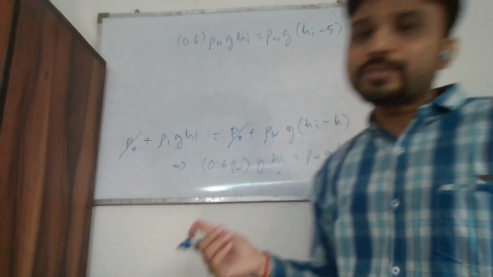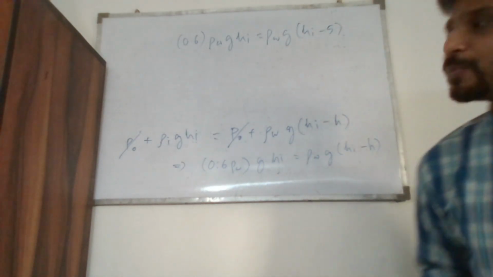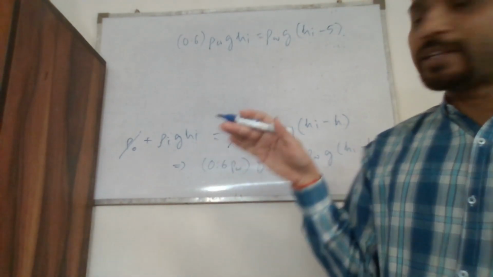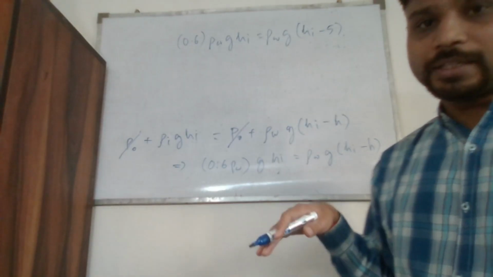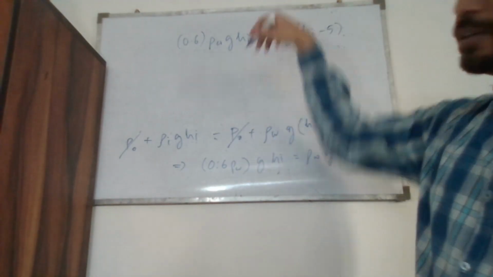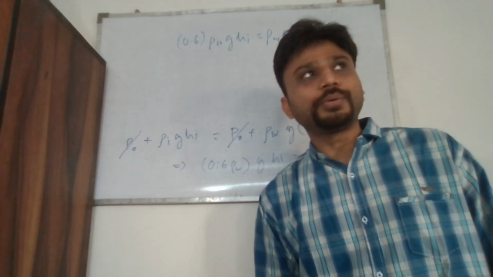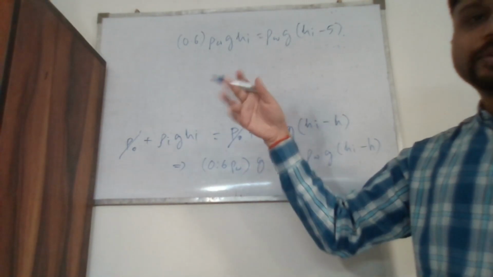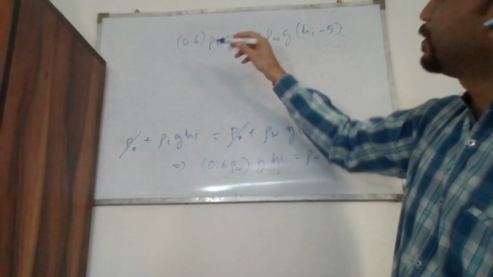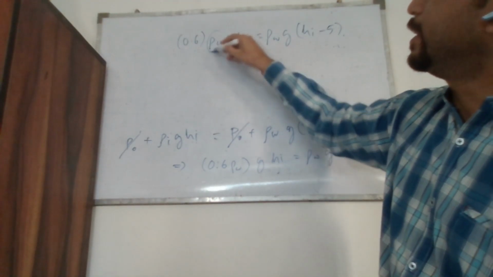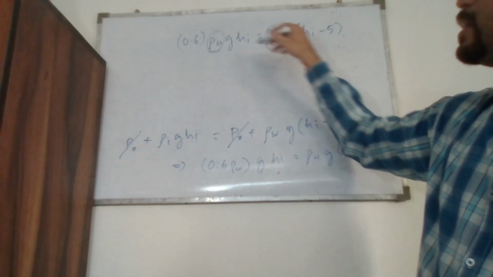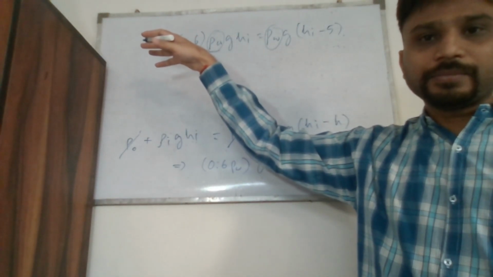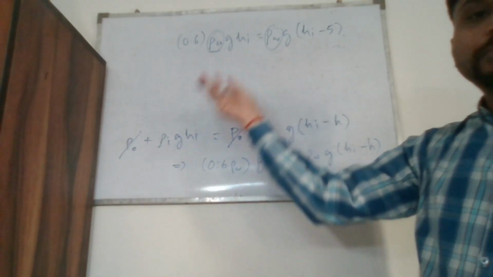Here we don't have to change 5 centimeter into meters because all the units are getting cancelled out. That's why I've written this whole equation again, because I want to explain about units. Units basically help us cut down our time. Let's say if the density of water here and the density of water here had different units, then I would have to put that whole thing here, which would have taken more time.